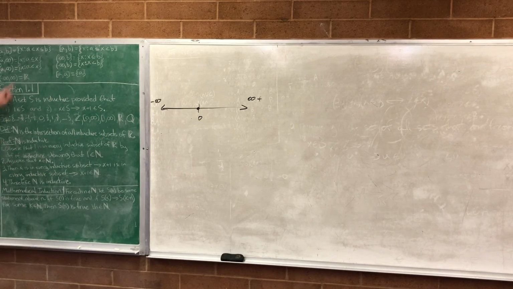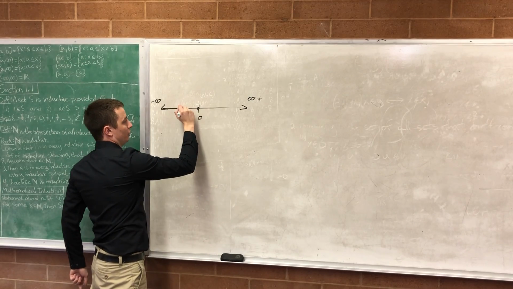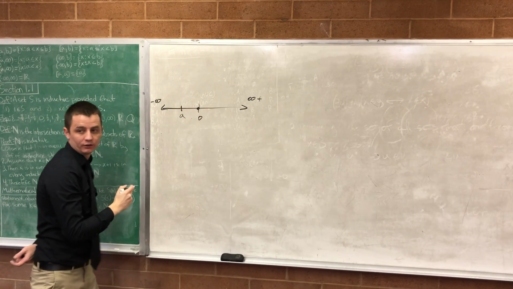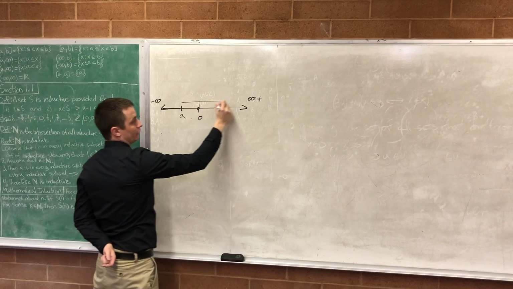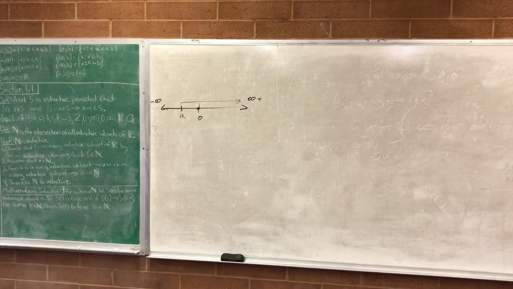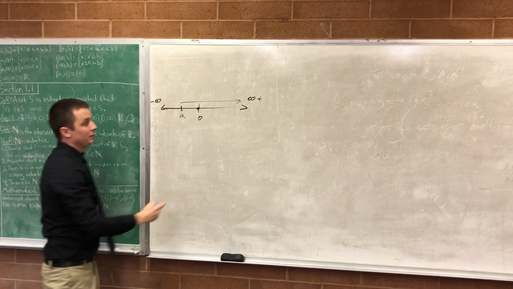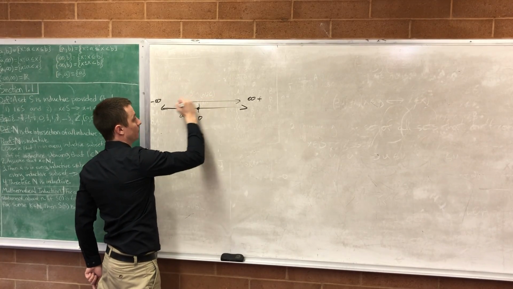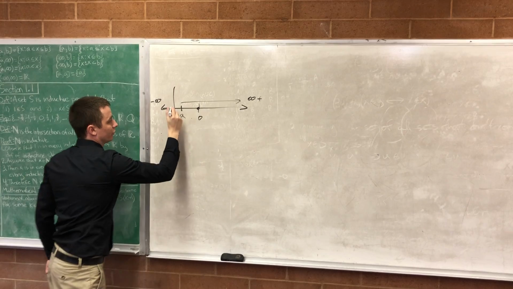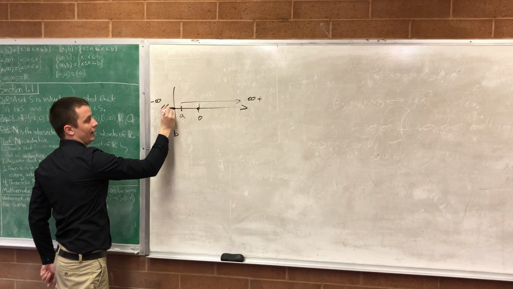So when I say all the numbers from A to infinity, A is some number, we don't know where it is, it's somewhere on there. We're saying all the numbers starting here going on forever that way. When I say all the numbers from negative infinity to B, B is some number, we don't know where it is, doesn't matter where you pick, B right here. We're saying all the numbers starting here going that way.